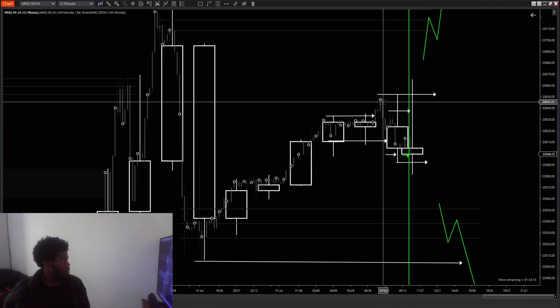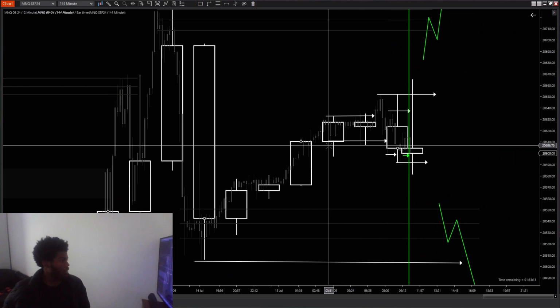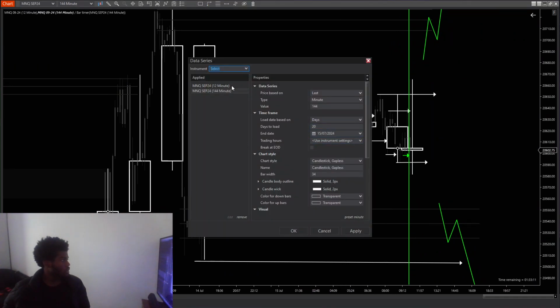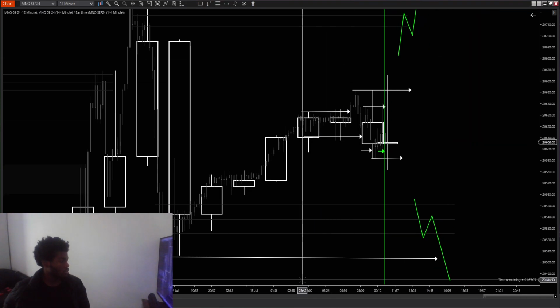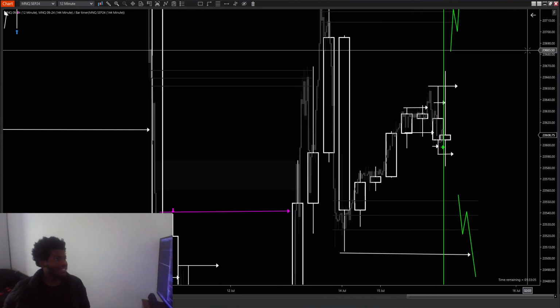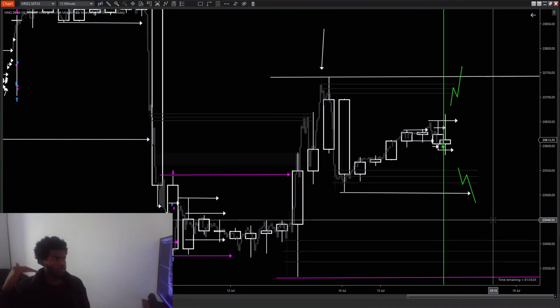So this is basically the 12-minute. I'll show you. I have the 12 and the 144 in the same time frame. That's all it is. So that I can see what's going on in the higher time frame, rather than constantly going back and forth between charts. It's more efficient.